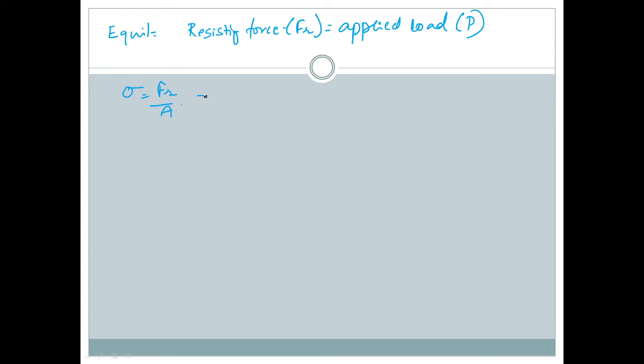Now Fr equals P based on equilibrium condition, so stress equals P by A. The unit is Newton per mm square.